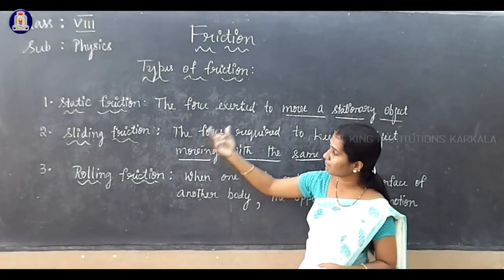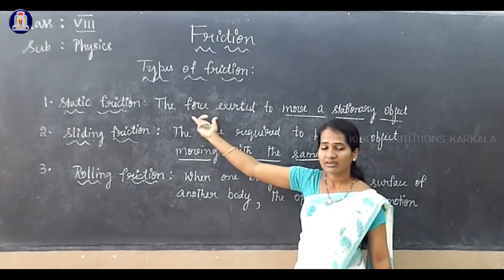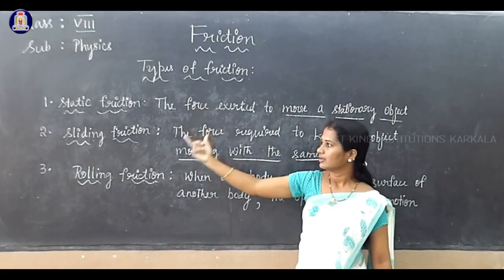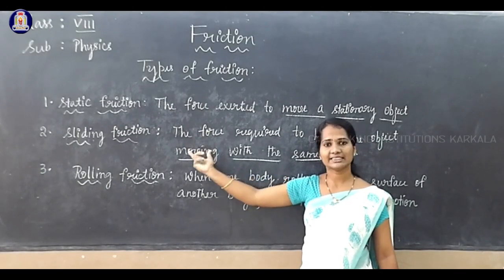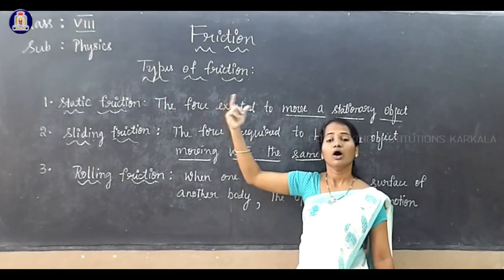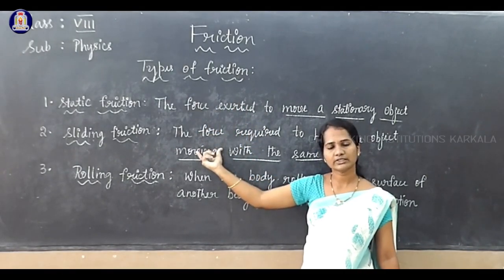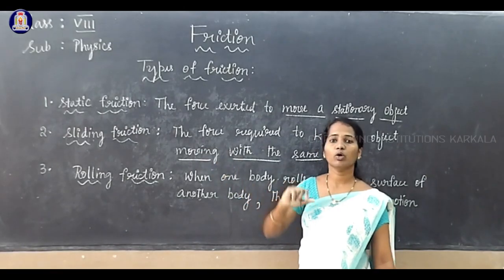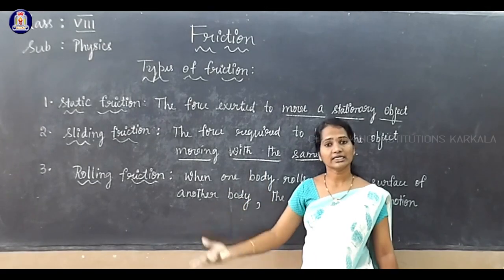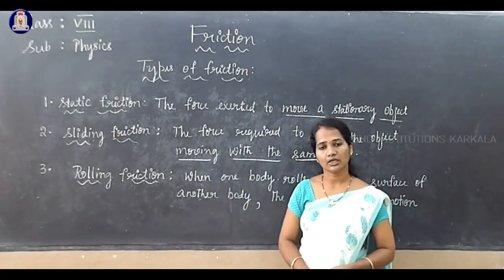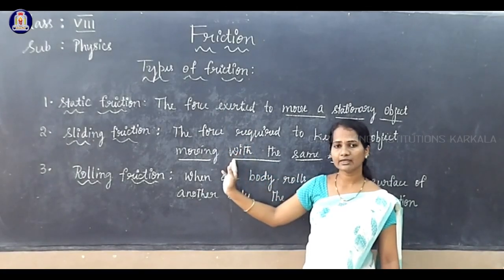So when you compare sliding friction and static friction, static friction is greater and sliding friction is a bit less, because it is easy to make a body move continuously with the same speed once it has started its motion. Therefore, static friction is more than sliding friction.